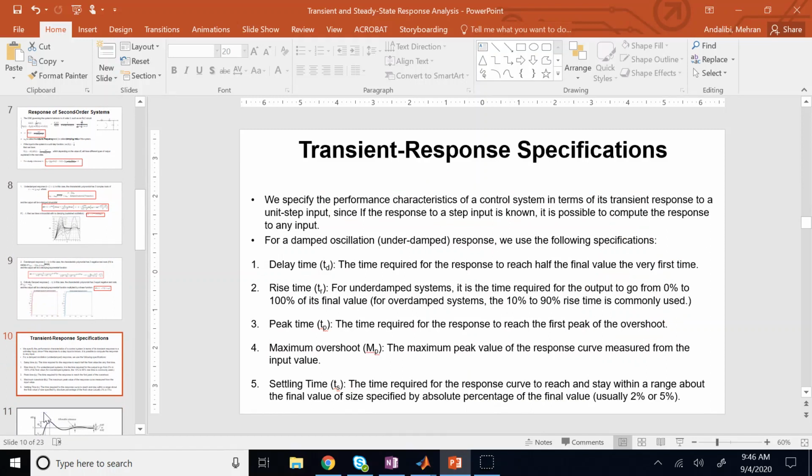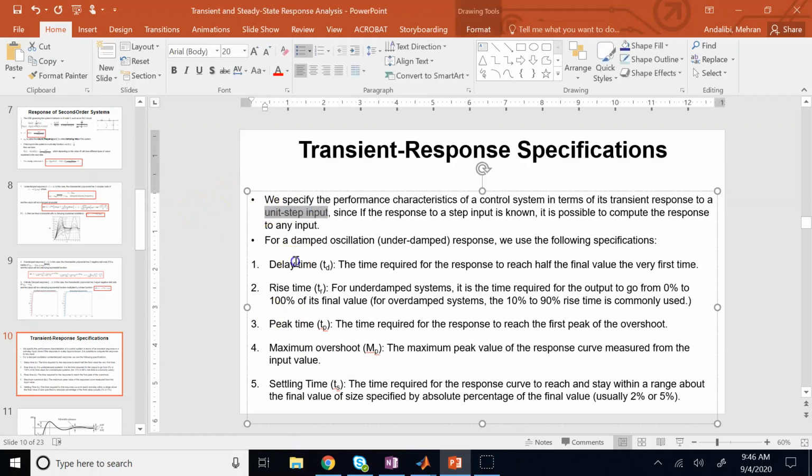Now in order to quantify the response of a second order system, we define some performance terminologies. There are 5 terms we define. We typically use 4 of them, 2 to 5, to basically characterize the behavior of a second order system in response to what? A unit step input.